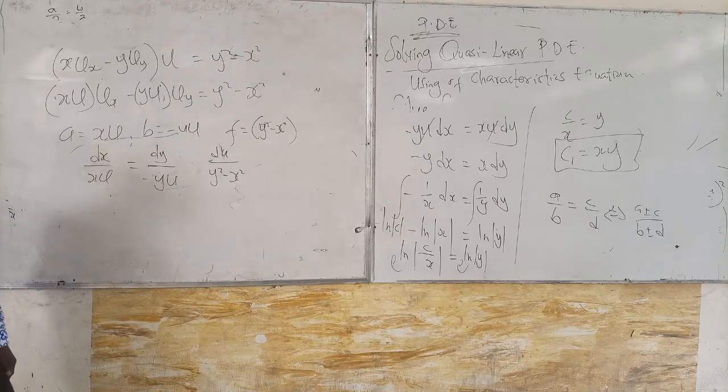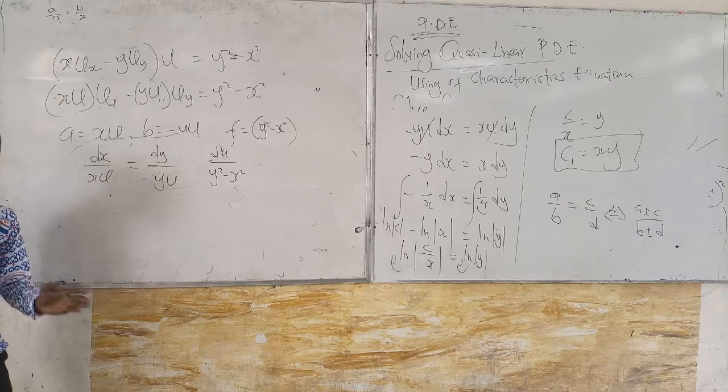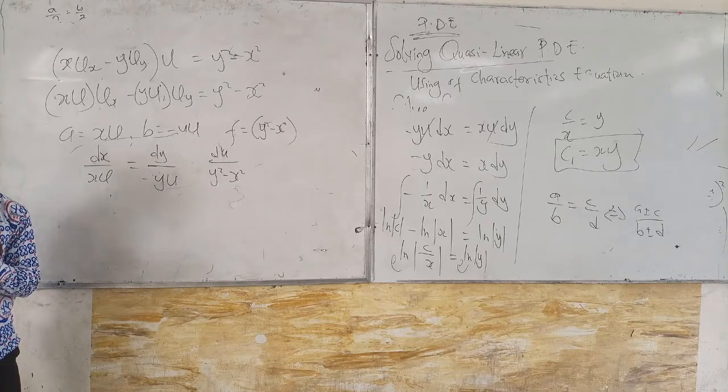So please, the critical analysis begins. Let's watch. Please, are we all watching? In the first one, we said that we want to get something so that when we add, because we want to use that algebra, and it's about adding or subtracting. So when we add, something will cancel.